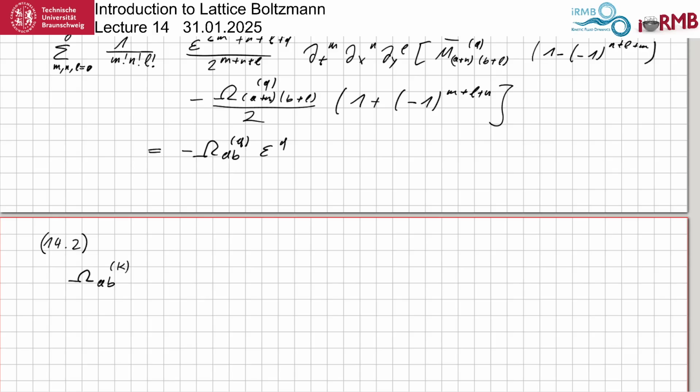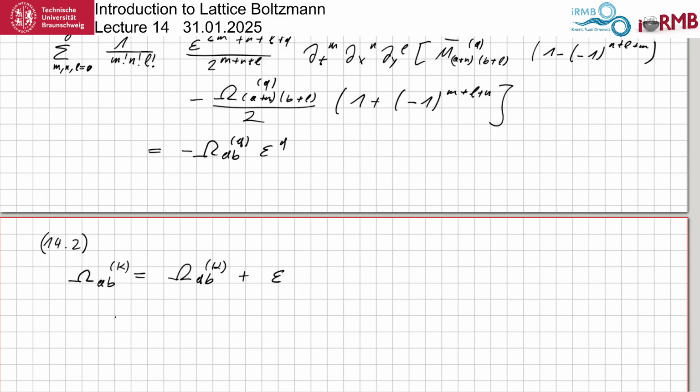So when I want to have an equation for omega AB to the order of k, what I can do is put this to the other side and add 0, and by adding 0, I'm adding the entire equation. And you see, there was this epsilon to the order of q. In this case, it's to the power of q.